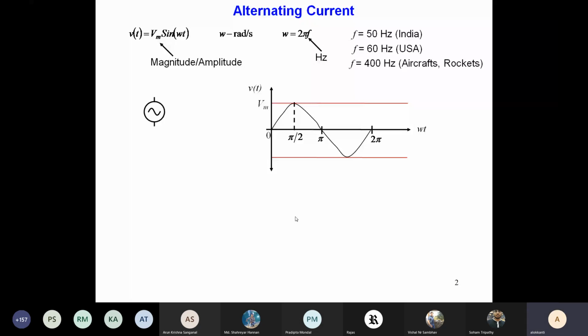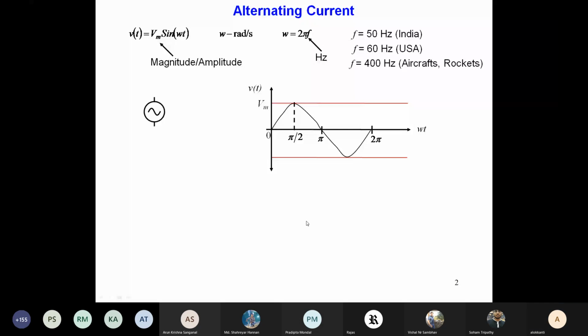At 2 pi it becomes one full cycle. From 0 to pi is one half cycle, the peak is achieved at pi by 2, and the minimum is achieved at 3 pi by 2, and so on. The maximum value is Vm, the minimum is minus Vm, and it alternates between these two.